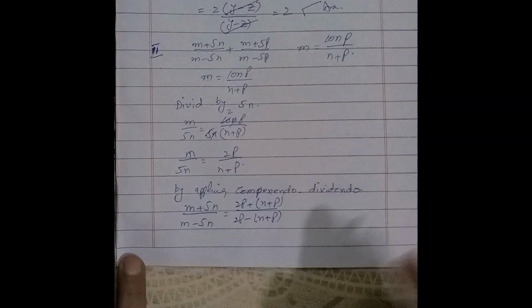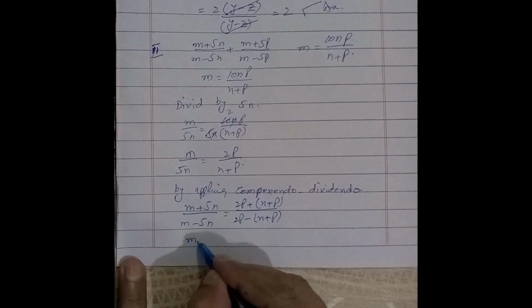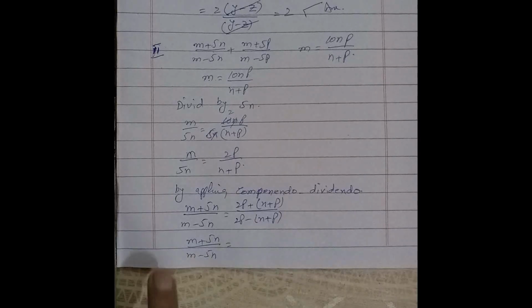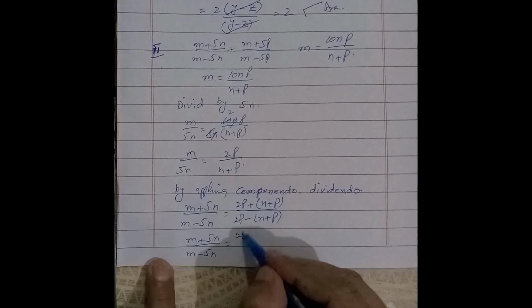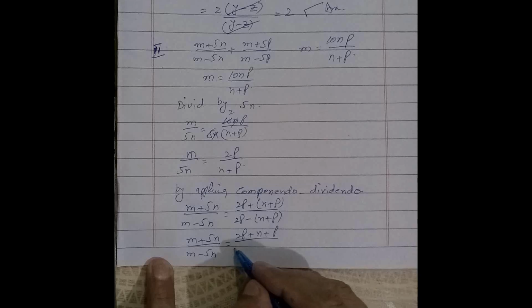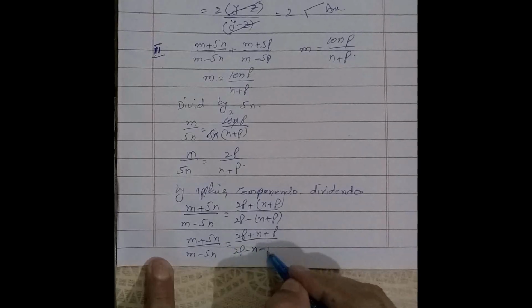Further we simplify these values, we get 2p plus n plus p over 2p minus n minus p.